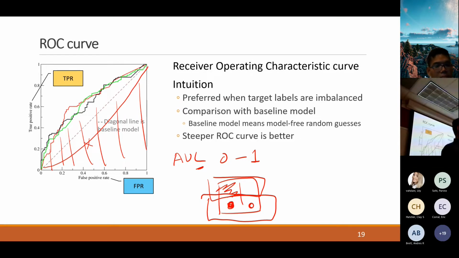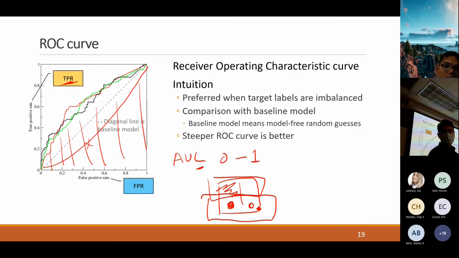And what is the true negative rate? If you know it, just say it. Another name for that same thing. This is sensitivity. The y-axis is sensitivity.